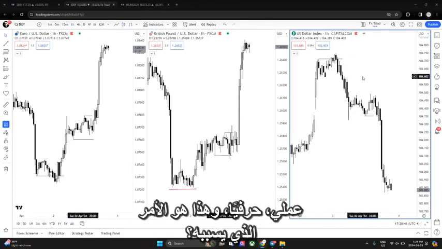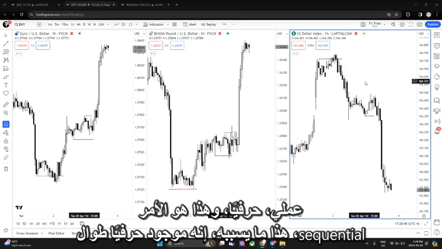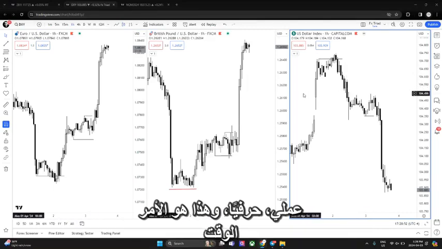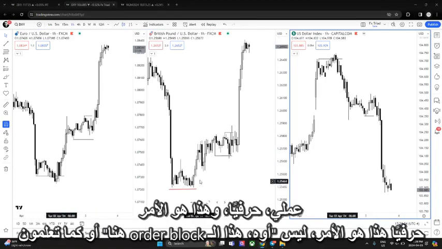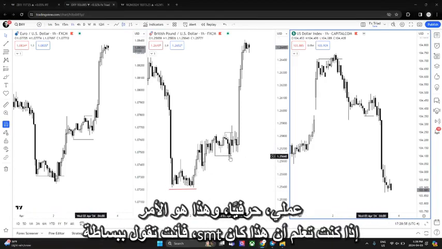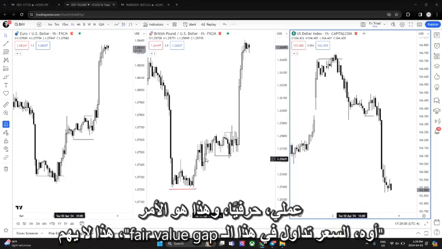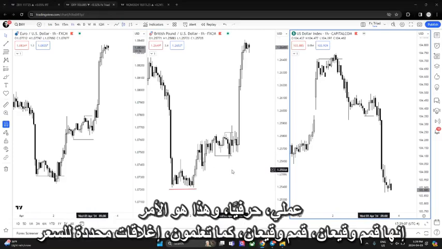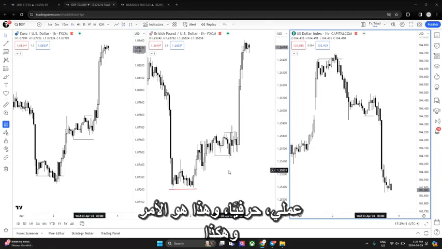Sequential SMT. That's what causes it. It's literally there all the time. It's not, oh, this order block here, or if you didn't know that this was SMT, you'd just say, oh, price traded into this fair value gap. It doesn't matter. It's highs and lows, specific closures of price and so on.